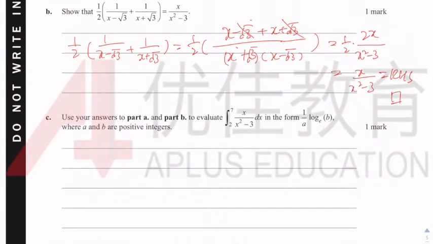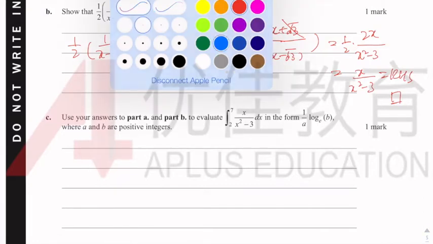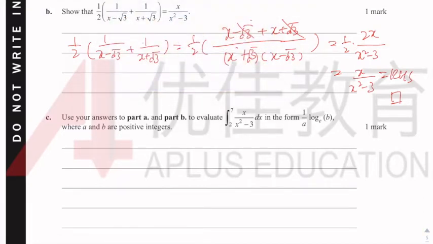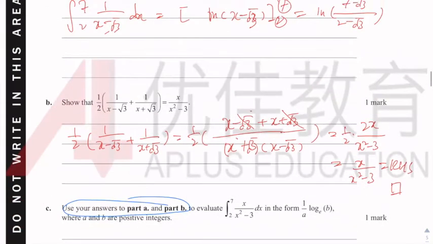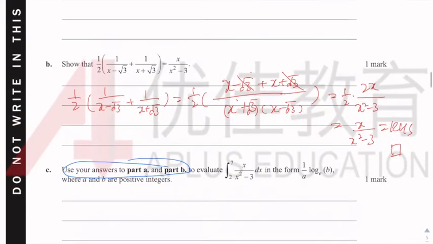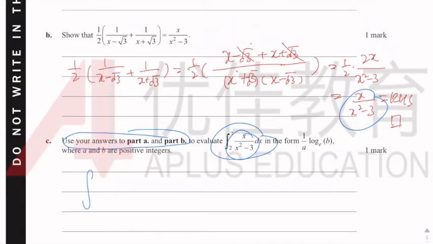Okay, question C. Use your answers to part A and part B. So you've got to use the answers from part A and B. We want to evaluate this, and if you watch closely, this is the same as this. So we're going to find the integral from 2 to 7 of x over x squared minus 3 dx.